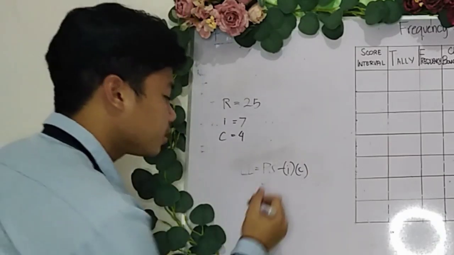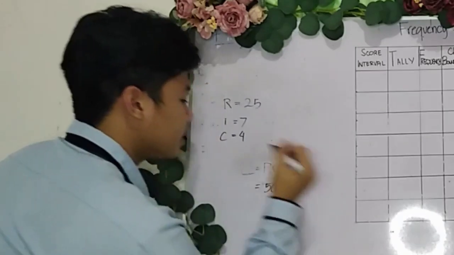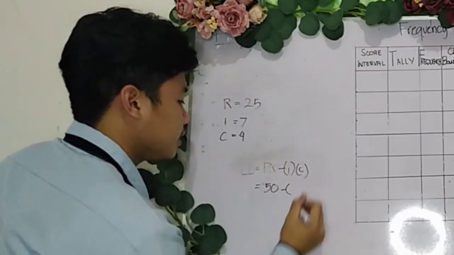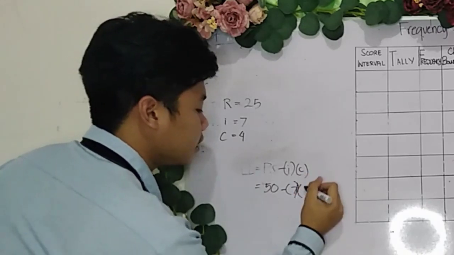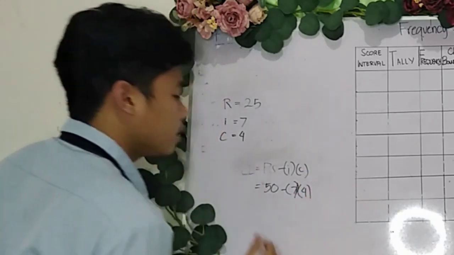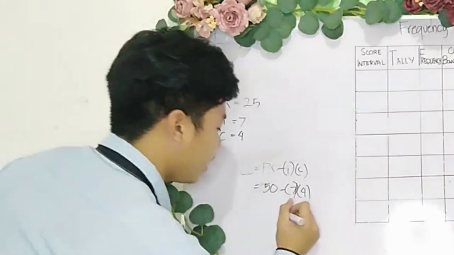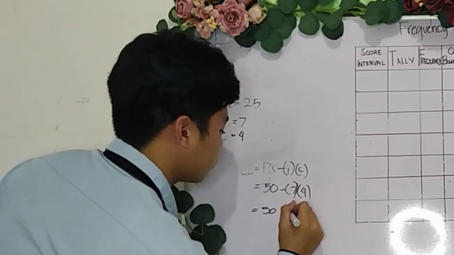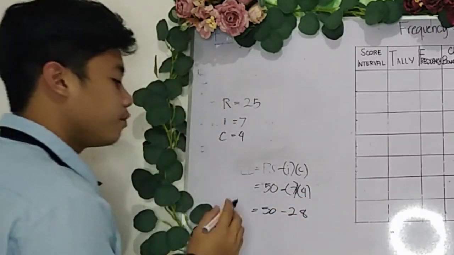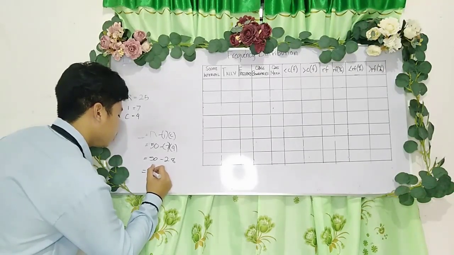So since our perfect score is equal to 50, minus our class interval of 7 times our class size of 4, so 7 multiplied by 4 is equal to 28. Minus 28. So 50 minus 28 is equal to 22.